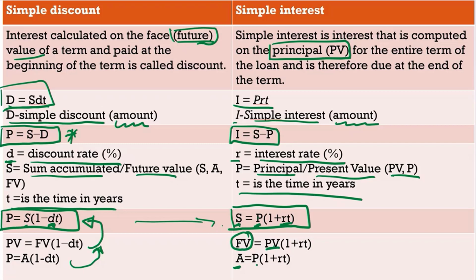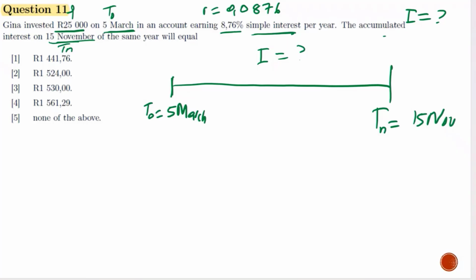Here is a formula for an interest, it is PRT. You can use that formula to calculate. You need your present value, your interest rate, and also your T. If it's not working, you can also use this other formula. Let's see which one we can use. You've got I is equal to PRT.